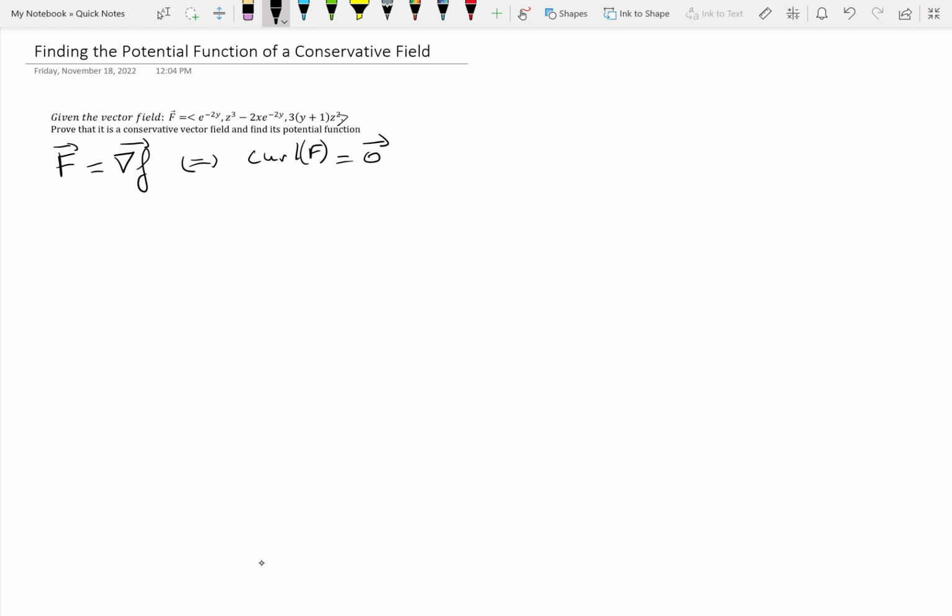So remember, the curl of f is defined as the determinant of the matrix with entries i, j, k.